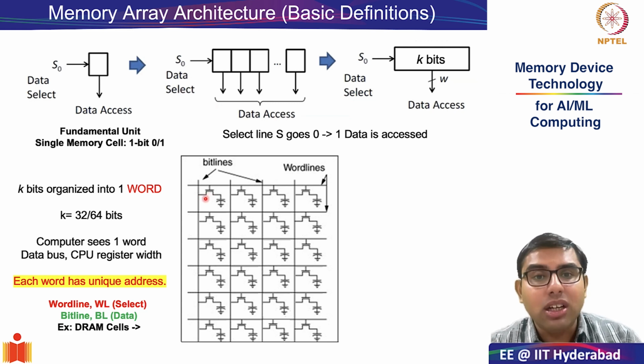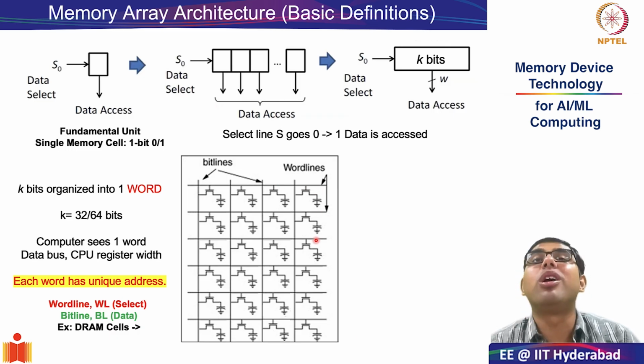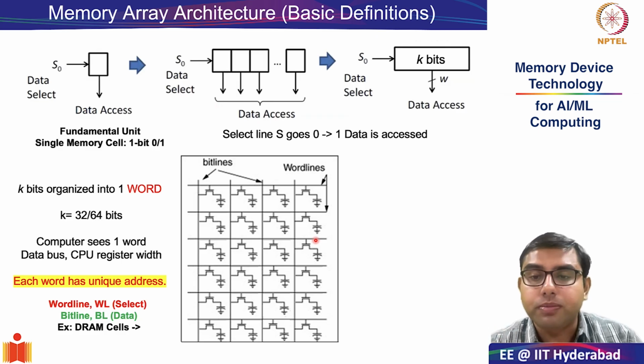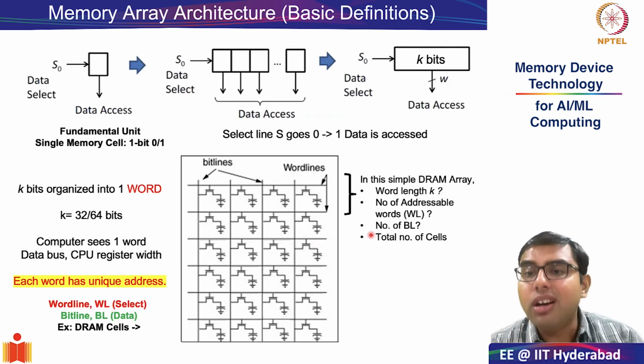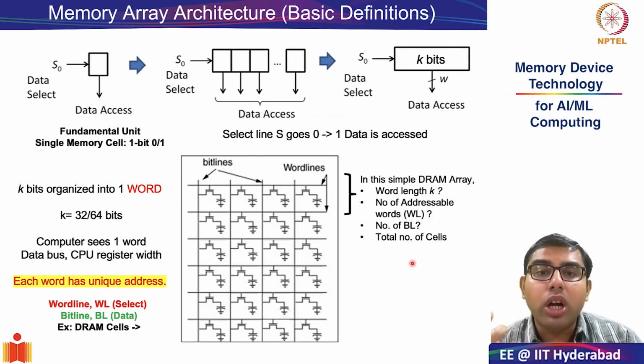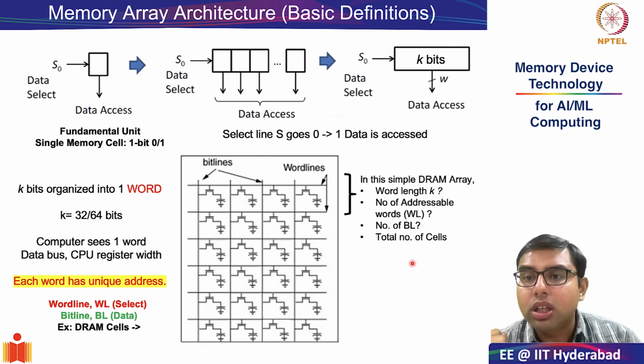But please understand, the data in the bit line becomes valid or becomes relevant only when the respective word lines are turned on. And this is the very important concept of word line and bit line, which we will see throughout the course.